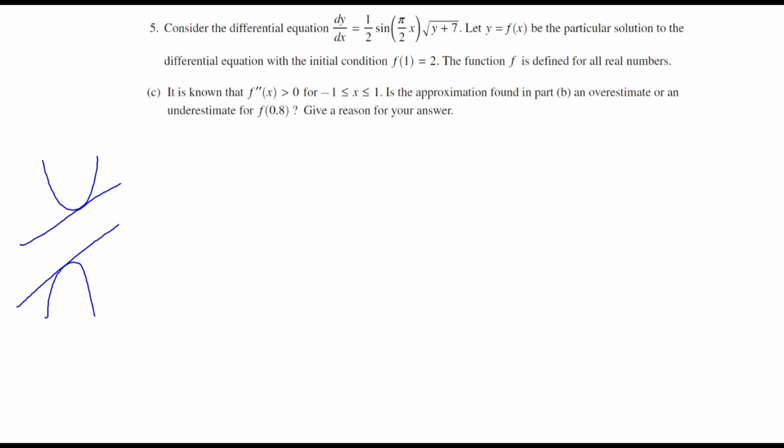So we know that it says that f double prime of x is greater than or equal to 0 on this interval from -1 to 1, right? And so, well, we don't actually have to do any work here. All we have to do is just kind of make an analysis of this. Say, well, if f double prime of x is greater than 0, then f is concave up.